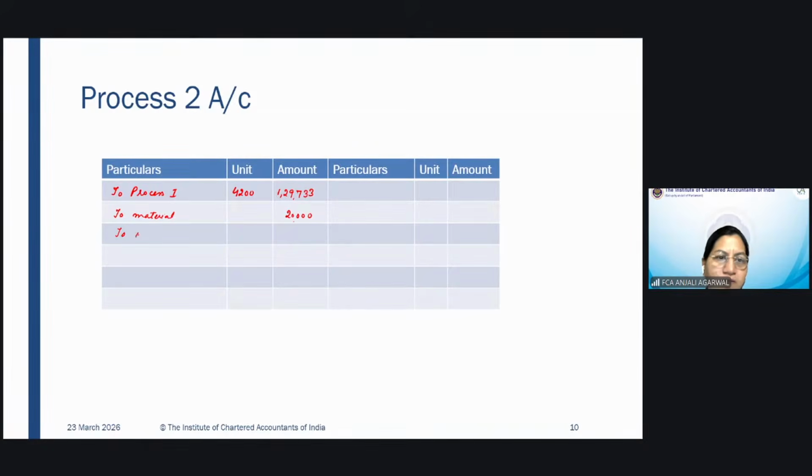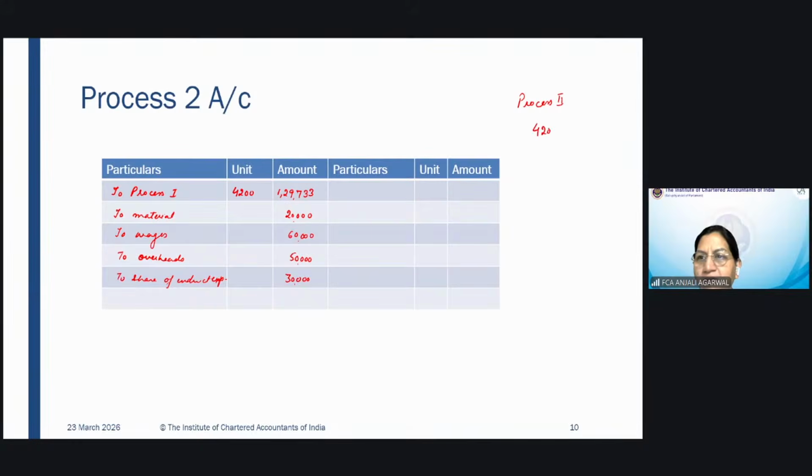And wages, overheads, and share of indirect expenses. So let's say another wages introduced 60,000, another overheads incurred 50,000.